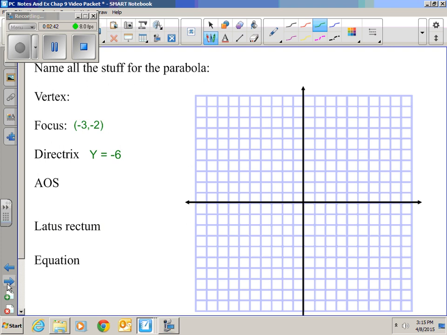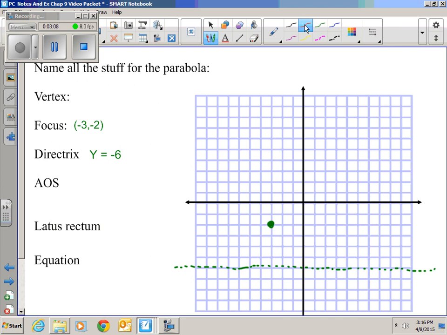This is actually a game. It's called the Name All the Stuff game. We are going to, first of all, plot these points. The focus is at -3, -2, so there is my focus. My directrix is a horizontal line at y equals -6, so it's right down here. I think I'll switch colors.